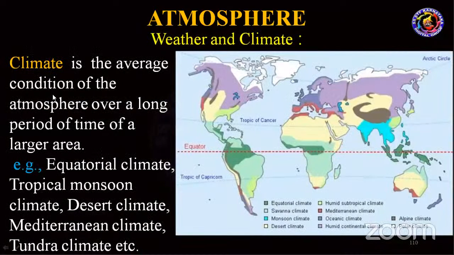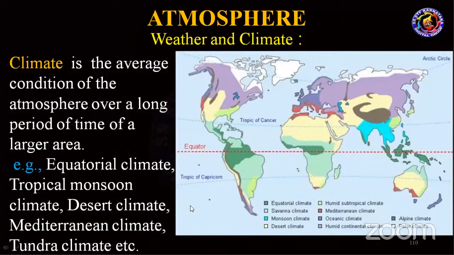The second important point is climate. Climate is the average condition of the atmosphere over a long period of time in a large area. Weather is also the average condition of the atmosphere, but over a small area at a particular place. Climate is over a long period of time and a large area, like the example of Karnataka and Vijaypura.